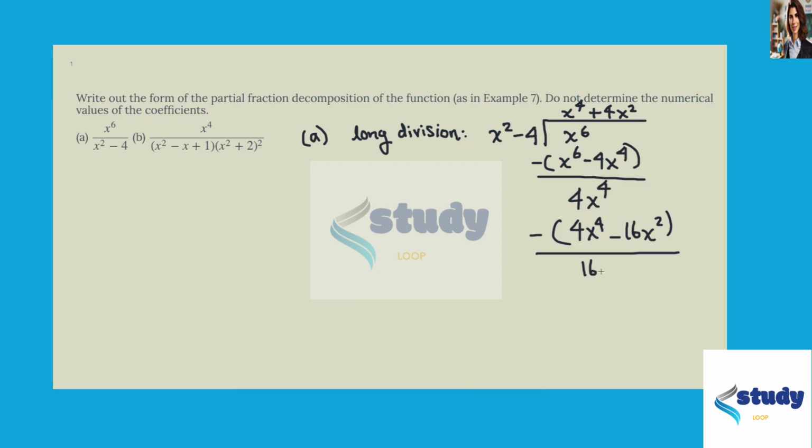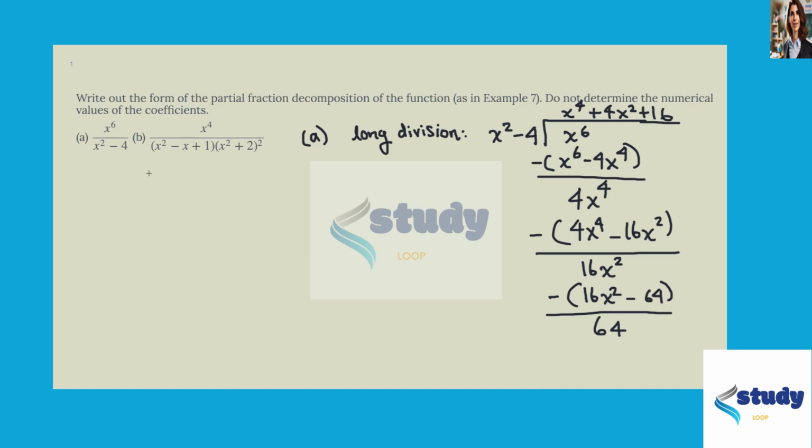Subtract that, we get 16x squared, and then that'll give us a plus 16 up here. So that'll give us 16x squared minus 64. So subtract that, and we're left over with 64.